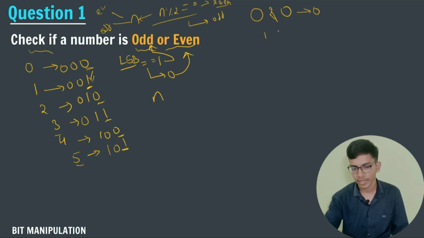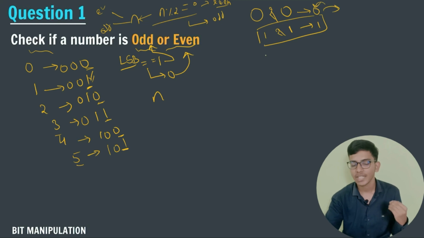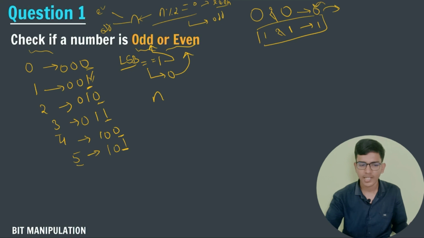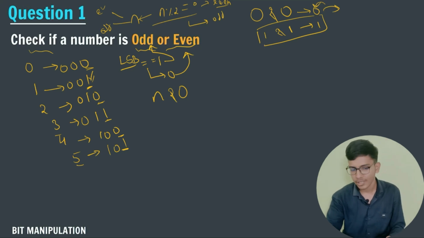If both are 1, then and only then will our output be 1. In all other cases, we will get output as 0. So this is the concept of binary AND. Now let us see that this is my given number and I am performing AND with 0. If I perform n AND 0, then it will give me 0 for my whole number.